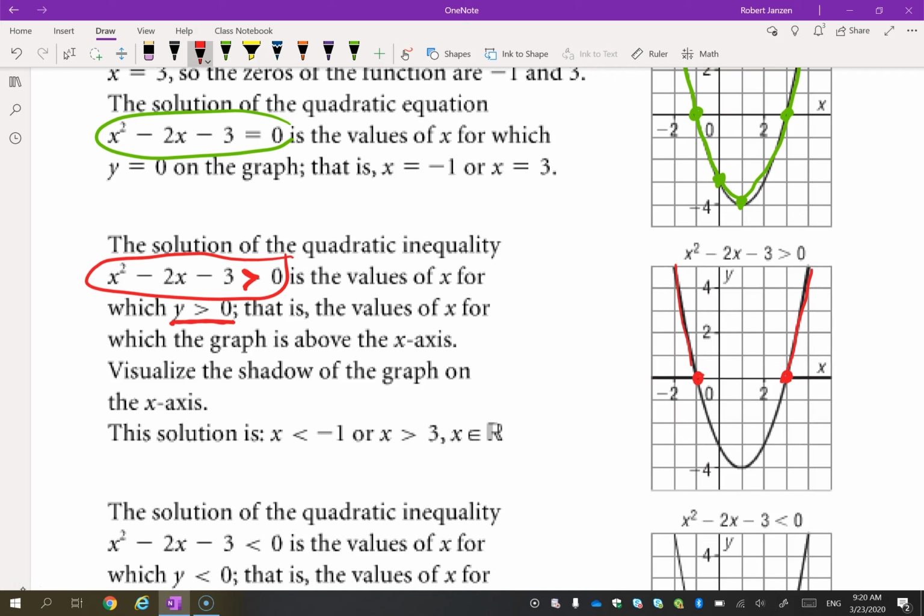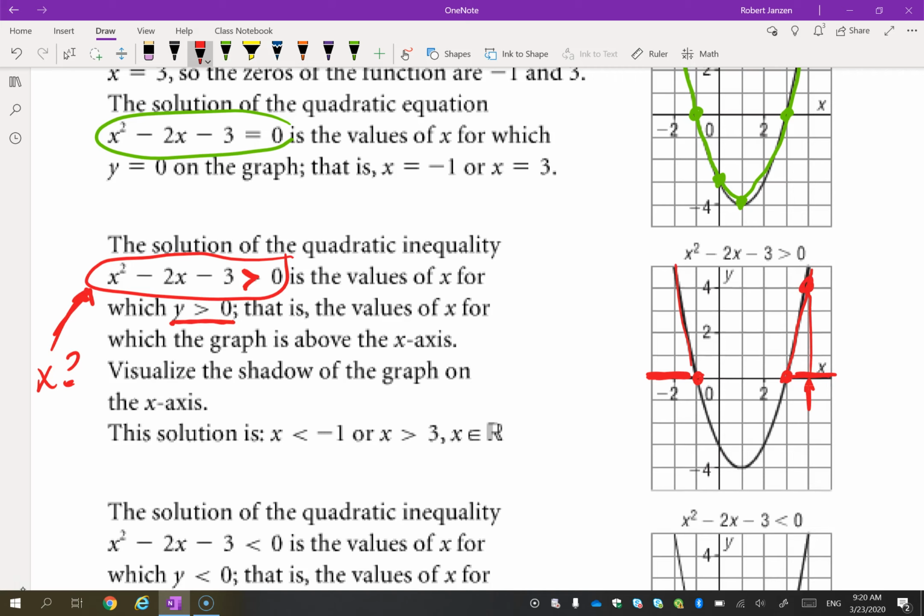So we're looking at what are the x values that will make it so that y is greater than 0. The solutions would be these x values and these x values, because when you pick, for example, this x value, what do you get for the graph? You get this value.